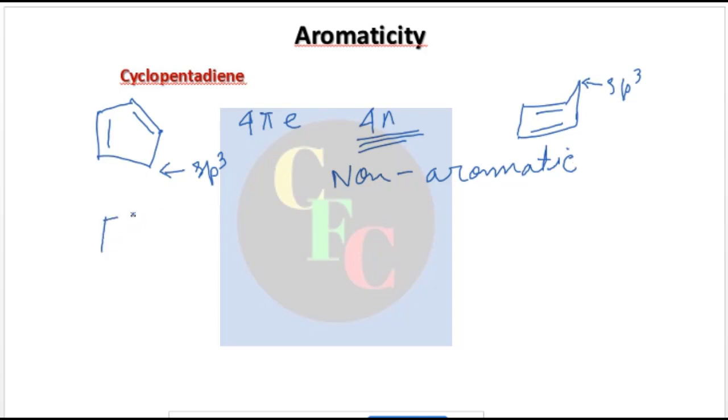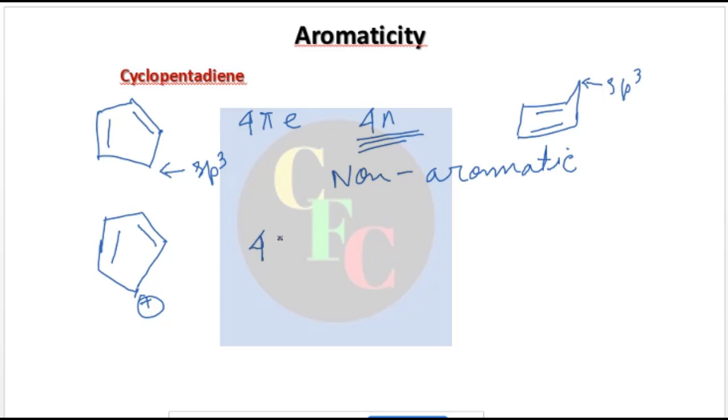But now if you have a positive charge here, making this sp2, now you can easily have resonating structures, right?